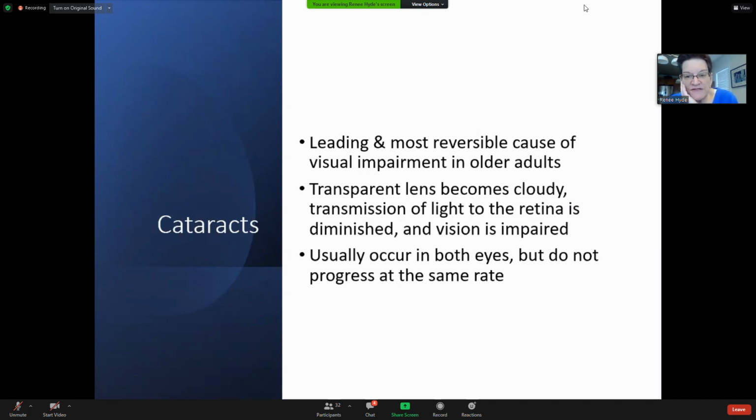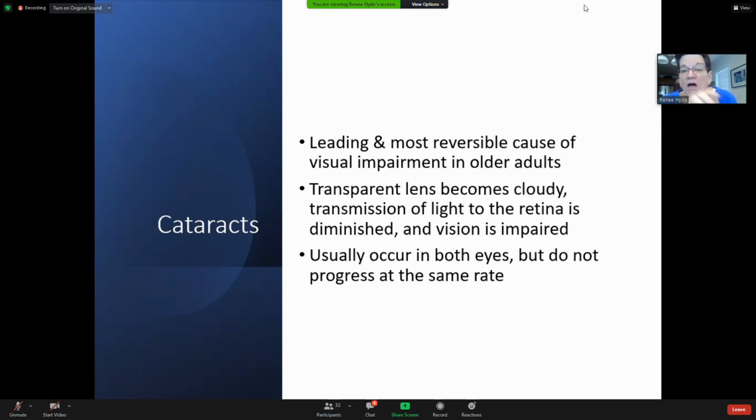Typically, what you're going to see is that they usually occur in both eyes, but they don't progress at the same rate. Okay? So you may have someone with significant impairment in their vision from a cataract in one eye, say, for example, the right, but the left also has a cataract, but that lens is much less cloudy.